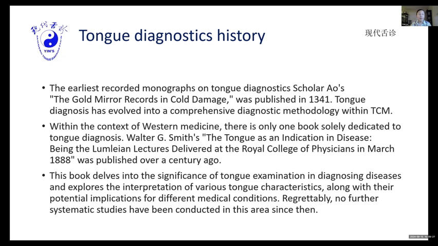That is in year 1888. We all know in all the past over a century, there's been no more Western medicine focus on tongue diagnosis. Even in that book, it mainly describes the tongue itself, not much pathology linked to the internal organ.